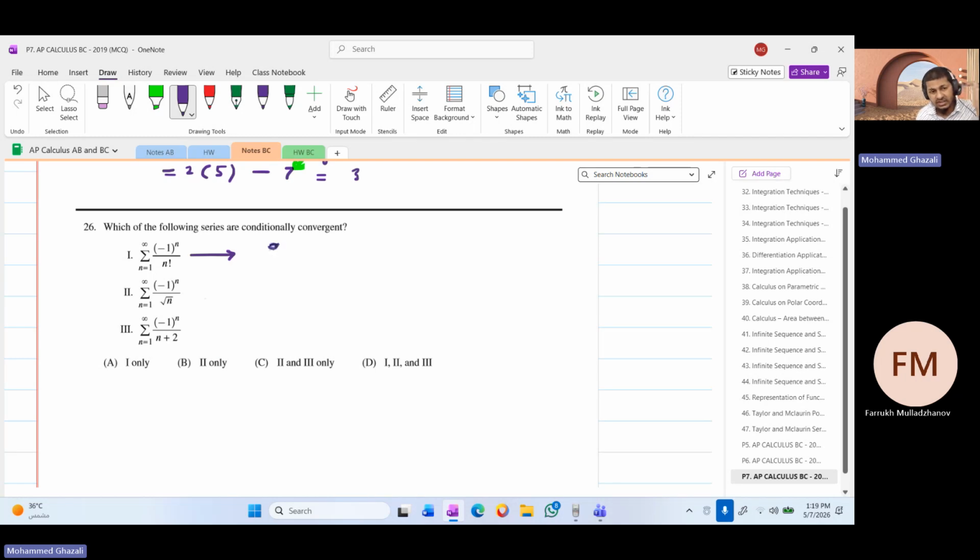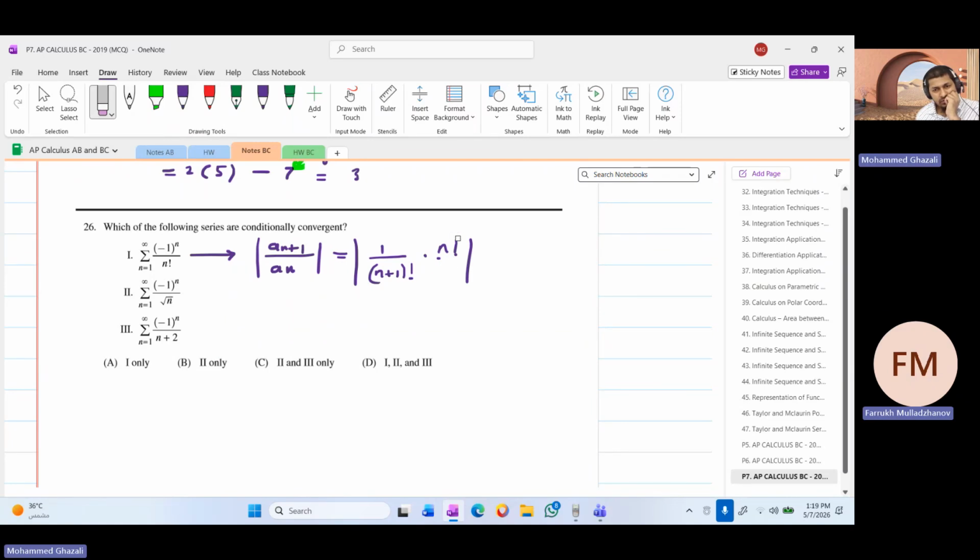So if I use a_(n+1) over a_n, don't worry about the -1, we're taking the absolute value, so we're going to throw the -1 out. So it's just going to be 1 over (n+1) factorial divided by 1 over n factorial, because you're going to flip this since you're dividing. Make sense?